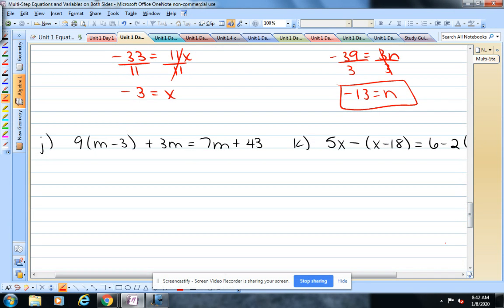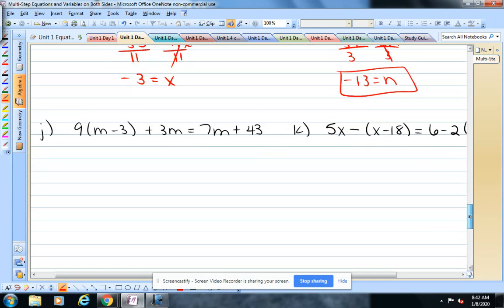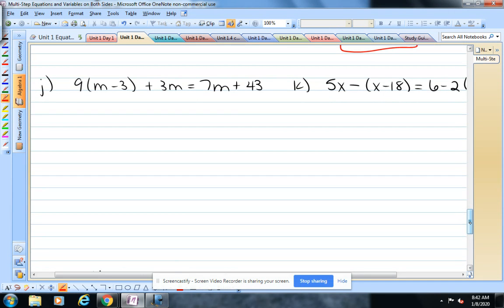All right, what's the last thing we got to do? Distribute and have variables on both sides. Okay, yeah. This is just throwing it all together. This one has distributive property and variables everywhere. So copy problem J, please. I don't know how many steps.